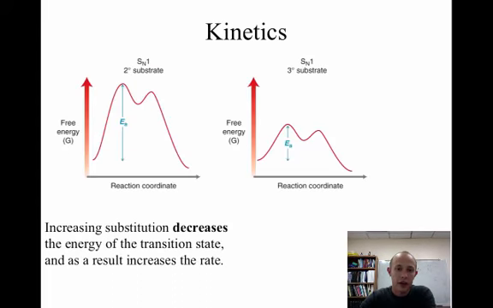And if we look at a potential energy diagram, if our tertiary carbocation is lower in energy, that means the activation energy leading to the generation of that carbocation is smaller, which means that the rate is faster. So tertiary substrates undergo a faster SN1 reaction than secondary, right, because secondary carbocations are much higher in energy than tertiary ones. So the activation energy barrier leading to their generation is higher, which means that secondary would undergo SN1 slower than tertiary.